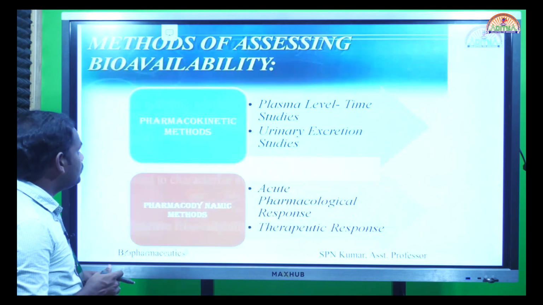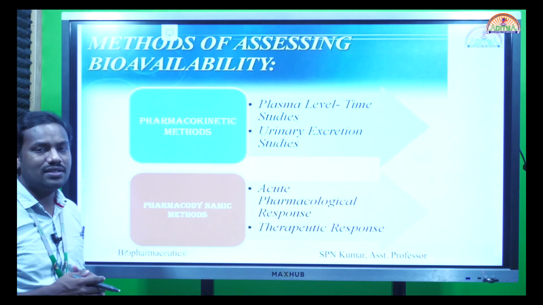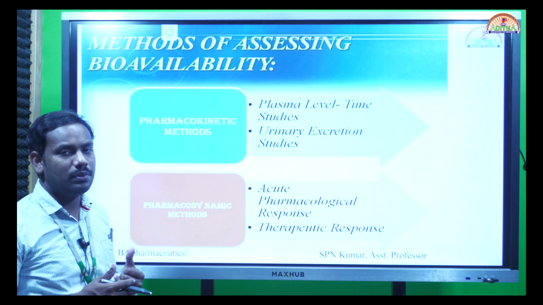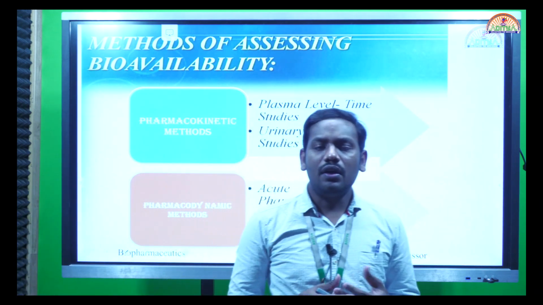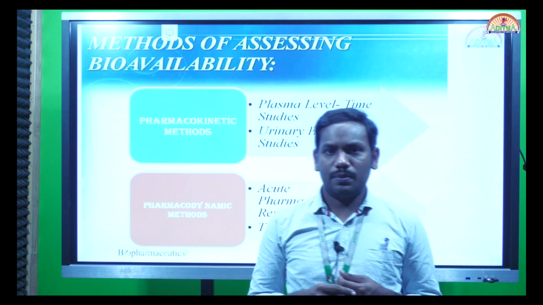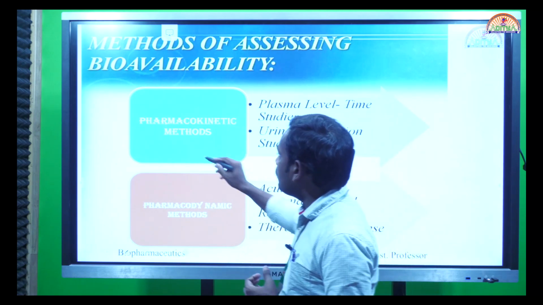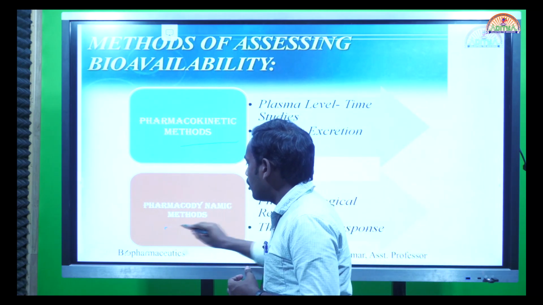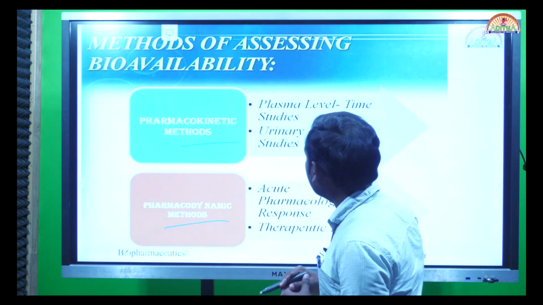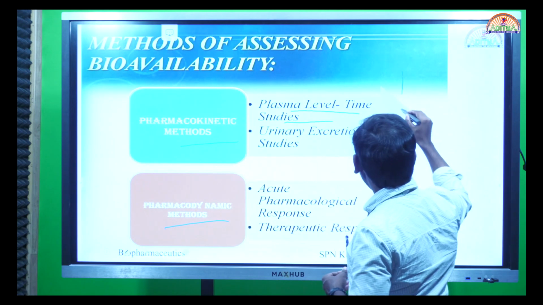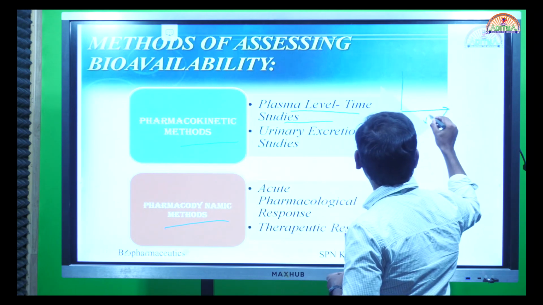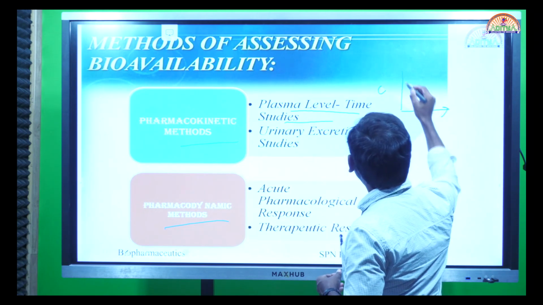So next, how can you assess this bioavailability? Now you understood what is bioavailability and why it is important. It is used for the development of dosage forms, etc. Now how can we estimate this bioavailability? There are two main models. One is pharmacokinetic models, the other is pharmacodynamic models. So what are pharmacokinetic? Plasma level time studies. Suppose we are plotting a graph between time and plasma concentration of the drug.